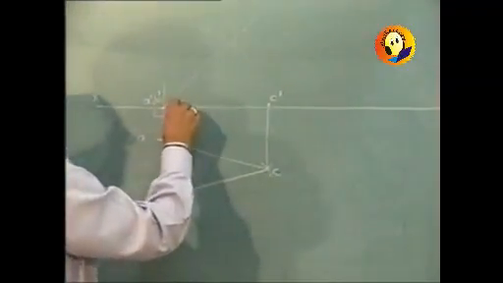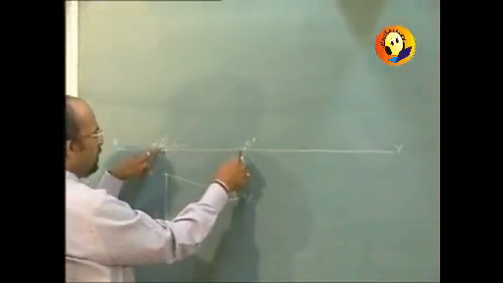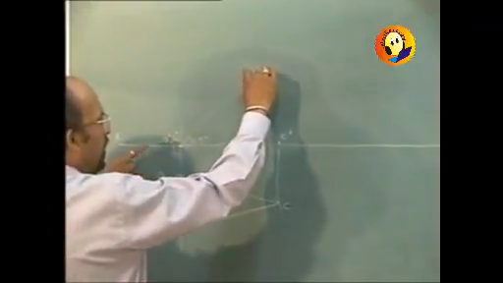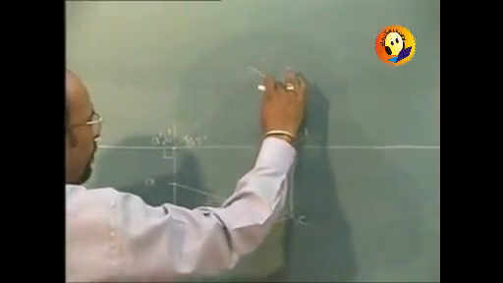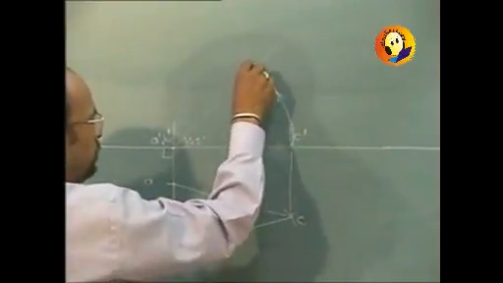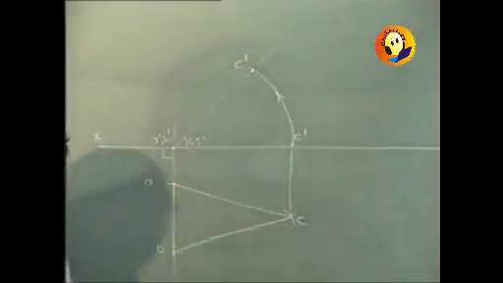So draw an angle of 45 degrees, take this much distance in the compass and cut one arc. We get the new position for point C.